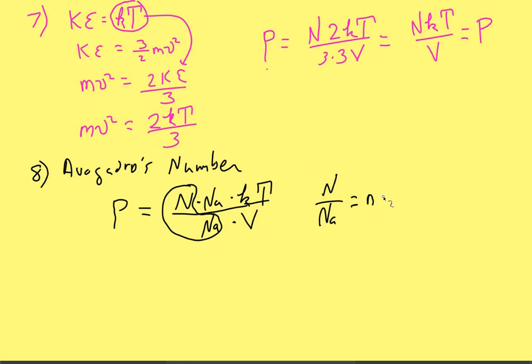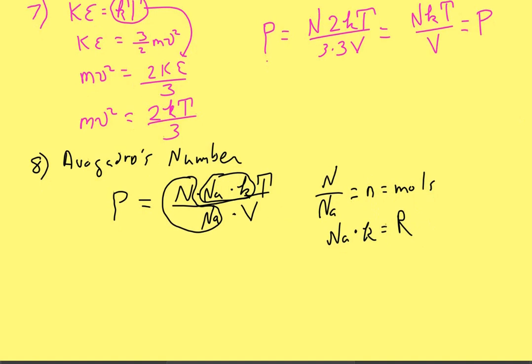We'll call that lowercase n. That's moles. And then this other piece, we're going to define NA times k. So we're going to say NA times k is equal to R, and that's just going to be our definition.